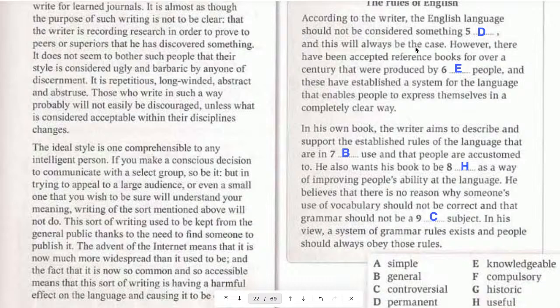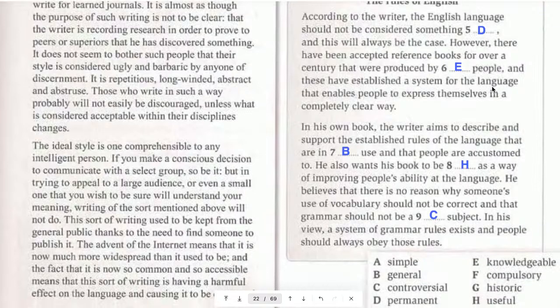So here it is: there have been accepted reference books. So that means that we have some books for over a century to do what? That were produced by whom? By knowledgeable people. Okay, so we need to look for the information somewhere in the reading passage here.